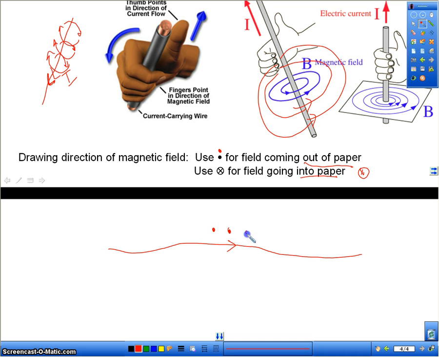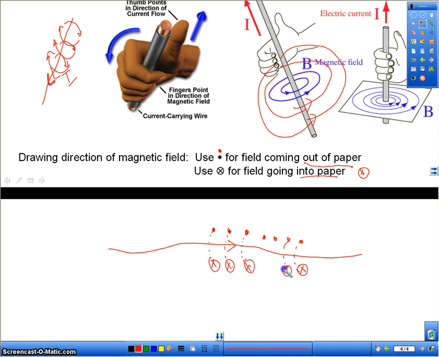So if you think about that, you put your thumb to the right and your fingers curl out towards you, and then they curl in towards the paper, away from you, at the bottom of the wire. So that's how you would draw this magnetic field. So the magnetic field would be coming out at the top and going in at the bottom, making circles all the way around. And that's how we draw this. So all along this wire you could draw these little dots that indicate the fields coming out at the top and going in at the bottom.